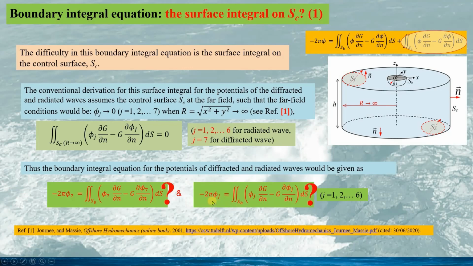However, I will show you these equations are not correct because these conclusions somehow contradict the Green's theorem. This is why I put the big question marks on these two boundary integral equations.